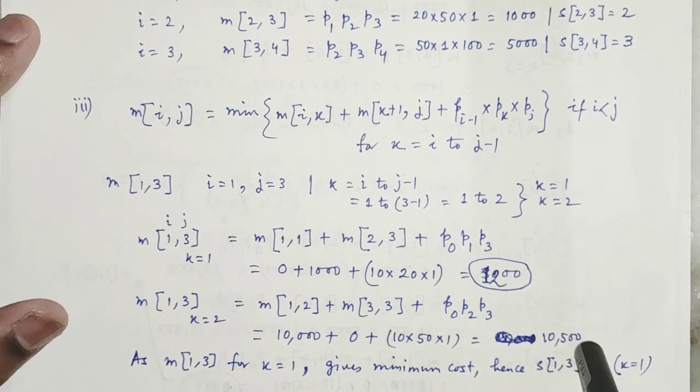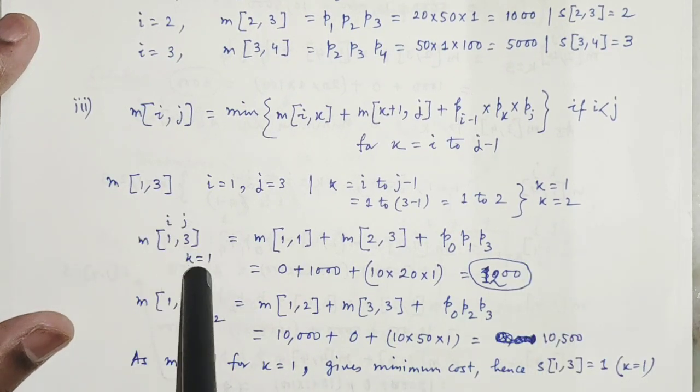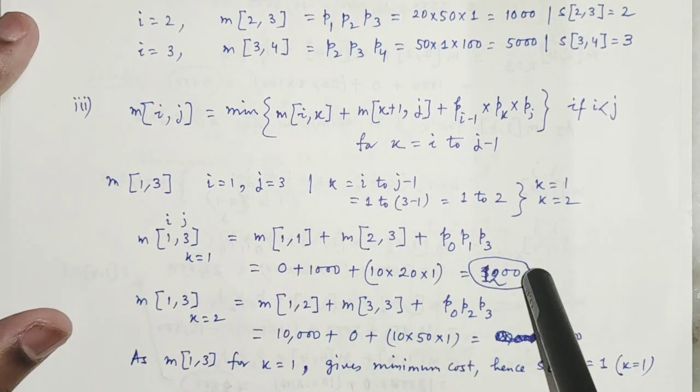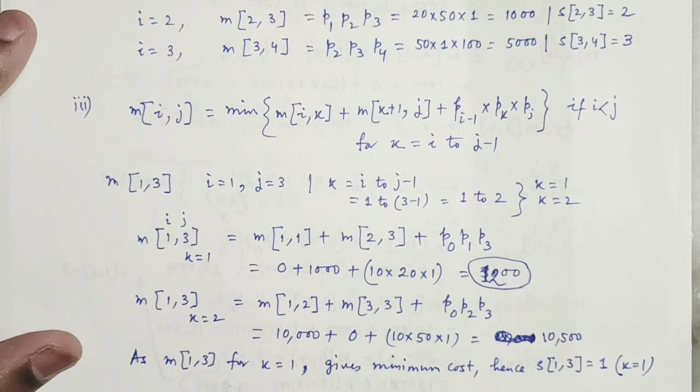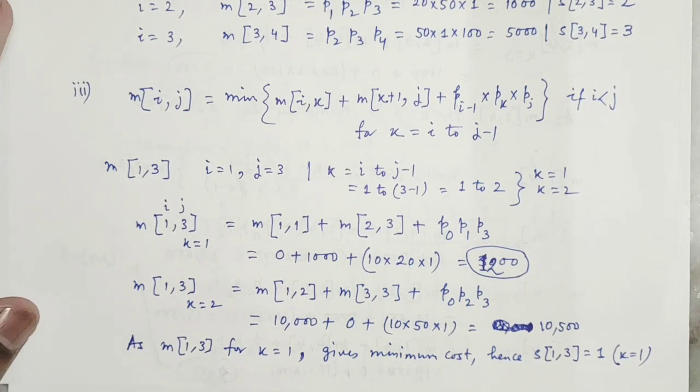Comparing these two, m of 1 3 for k equals 1 and for k equals 2, I found 1200 is the minimum, so that should be stored at m of 1 3, because minimum cost is the main consideration here.